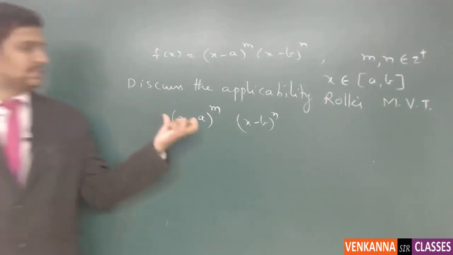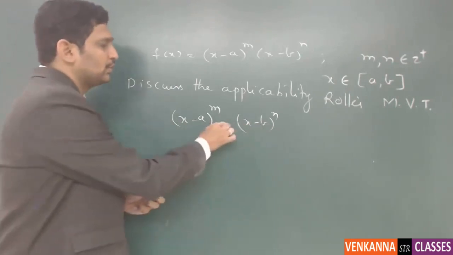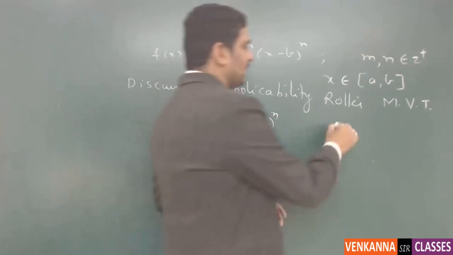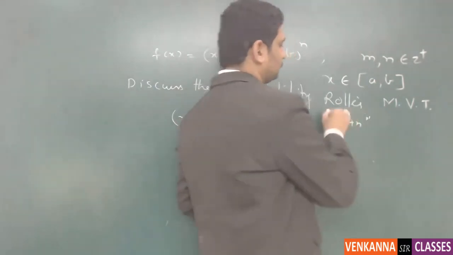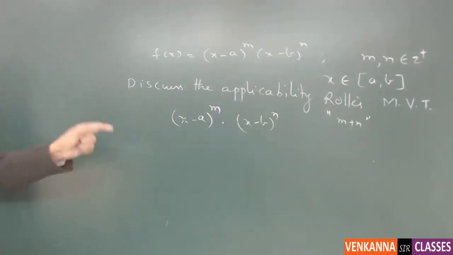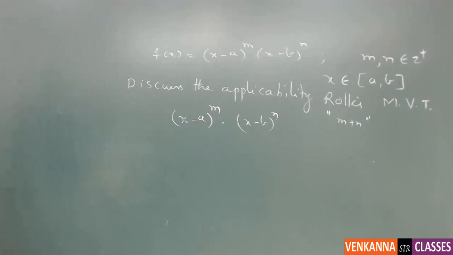So this is a continuous polynomial, this is a continuous polynomial. If you consider the product, it is a polynomial of degree m plus n. So it is continuous, and in particular it is continuous on the given interval. Okay?